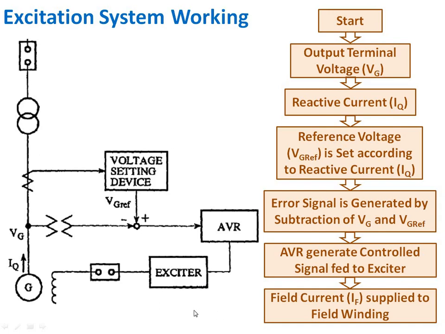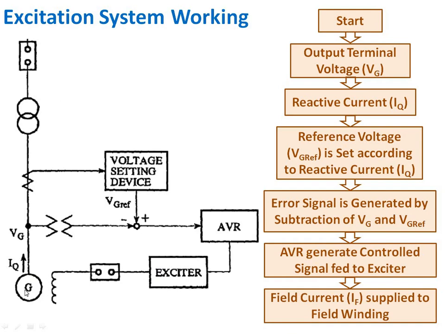Based on this fixed three-phase input supply to the exciter system, it will control the firing angle based on this control signal from the AVR, and it will generate the DC output, and this DC output is fed to the field winding of the generator.